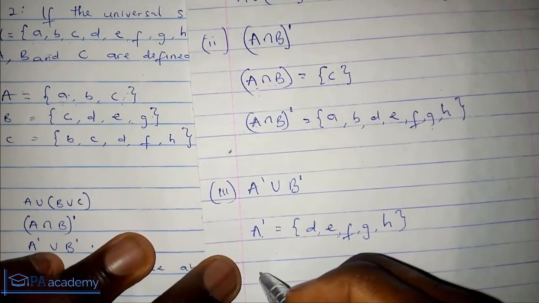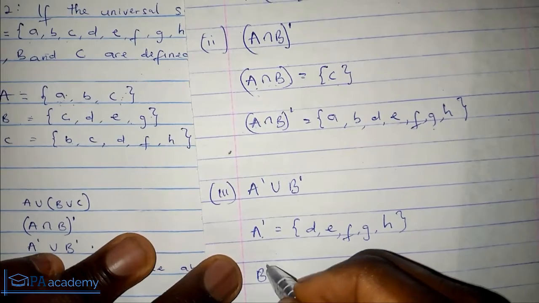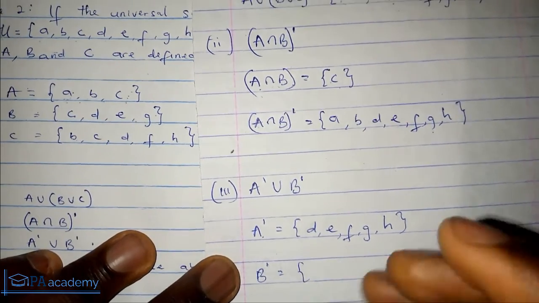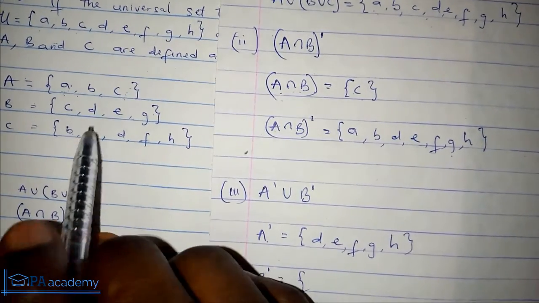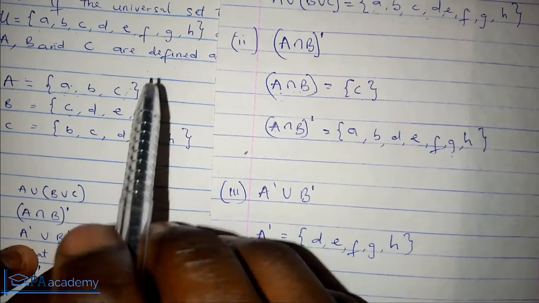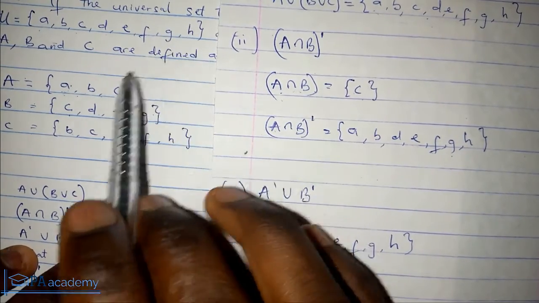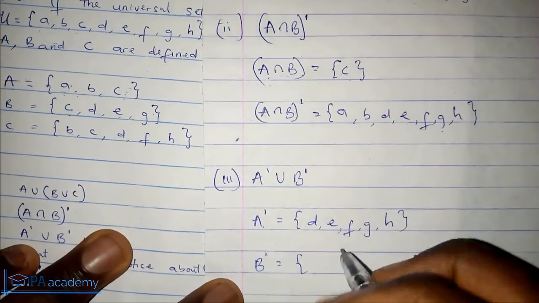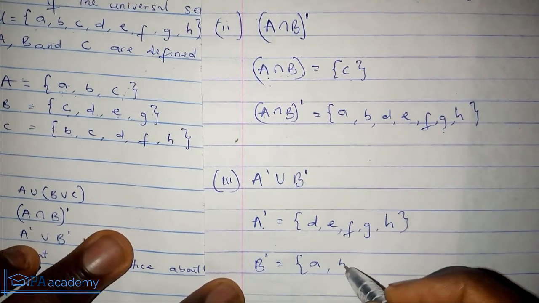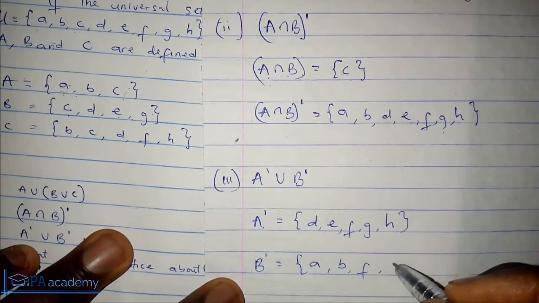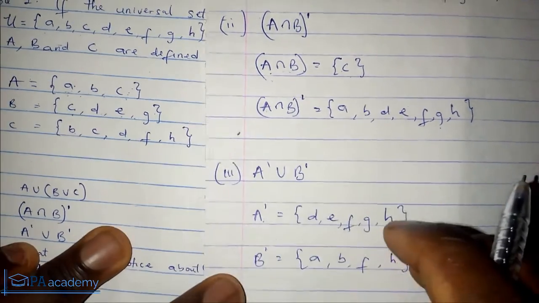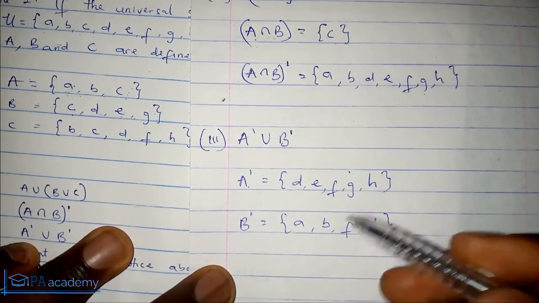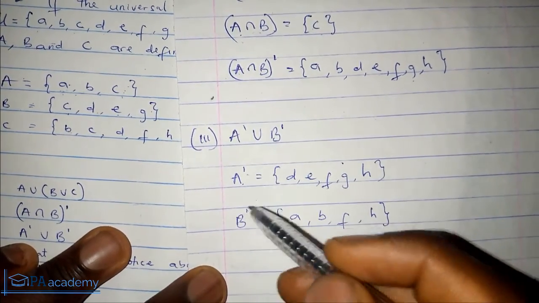So let's look at that of B prime. For B we have C, D, E, G. So let's look at the universal set. Other elements apart from C, D, E, G will give us our B prime. So that is A, B, F, and H. Now let's look for the union of sets A prime and B prime.